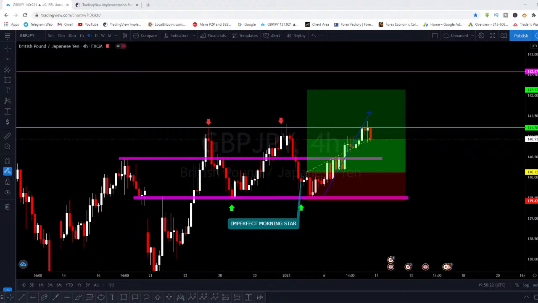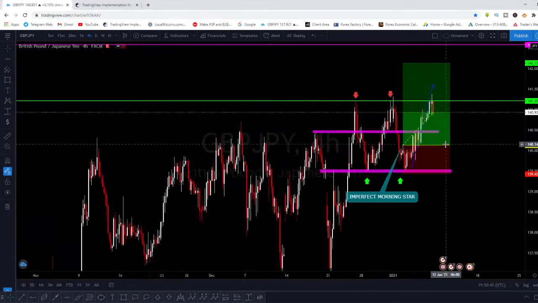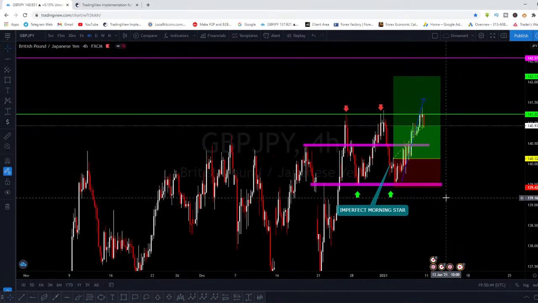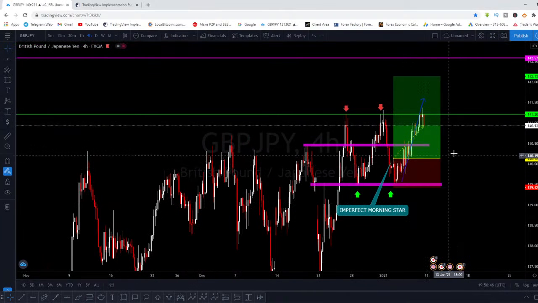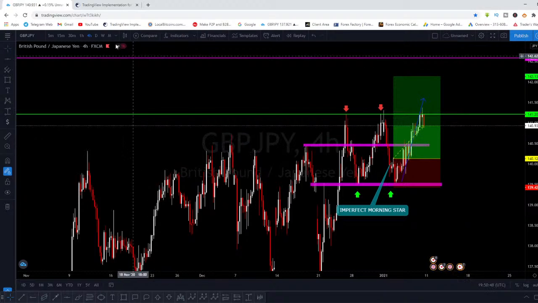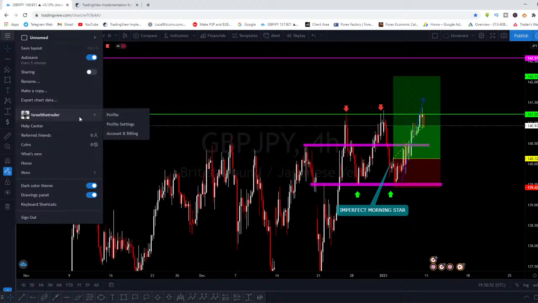I'm just waiting for all of these moves to happen for me to take advantage of it, but of course, I'm still holding my buy. I sent this buy signal to you guys last week, and I think I posted it on my TradingView account.